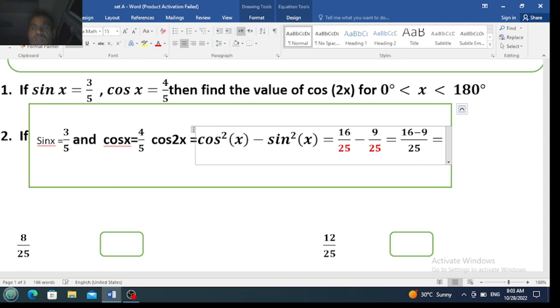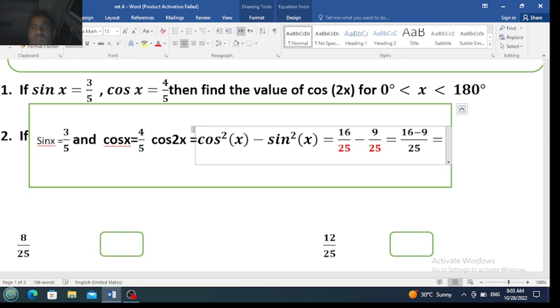Here, learners, I will make this down, then I will copy here. First of all, we have cosine of x is 4/5. I'll go to paint.